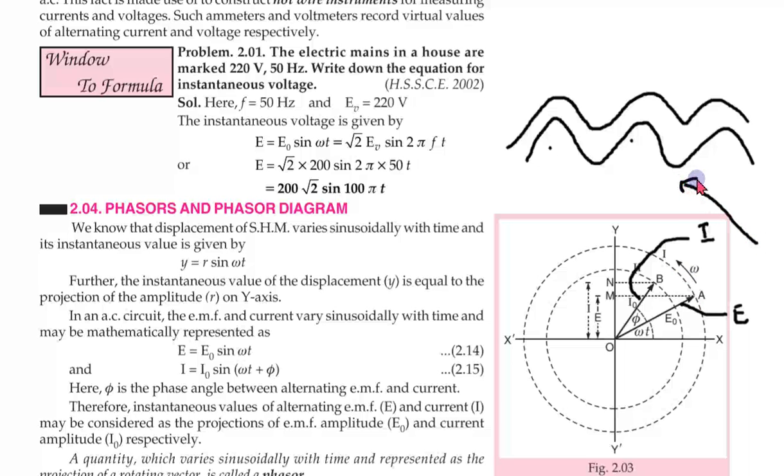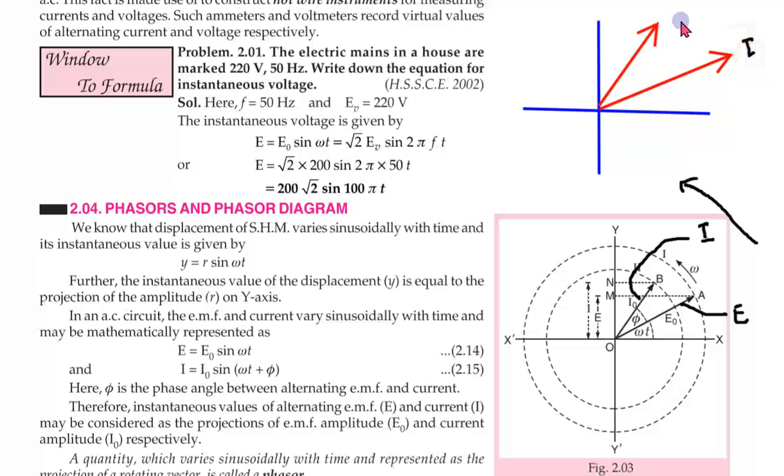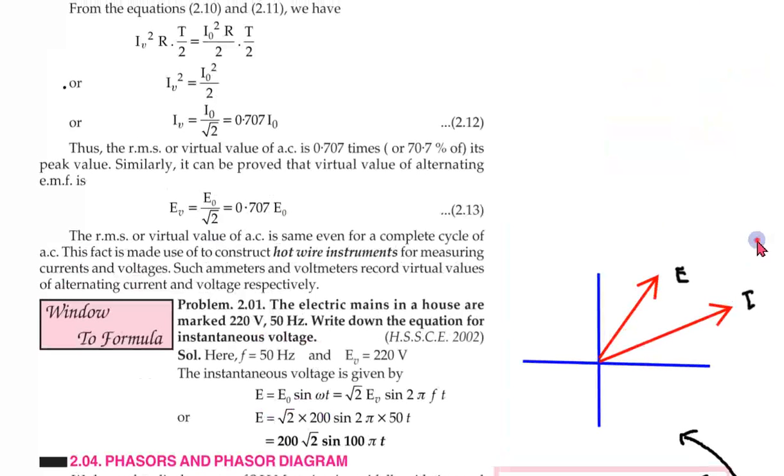They are moving in this direction, suppose, anti-clockwise, this as I or this as E, but they are moving by an angle omega t.